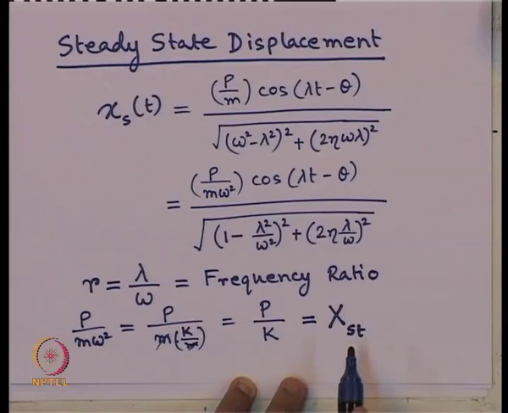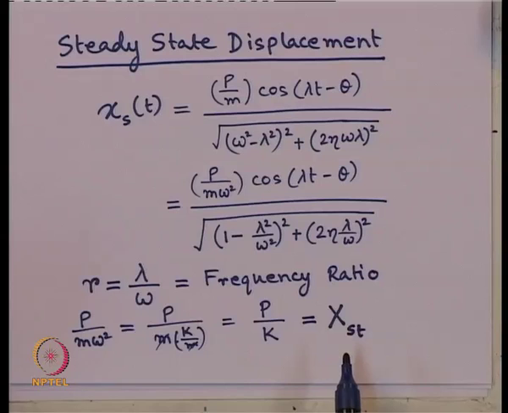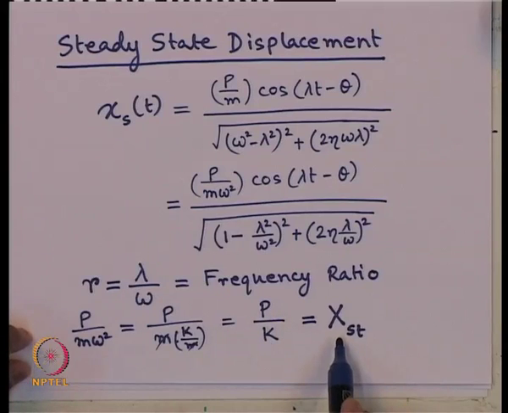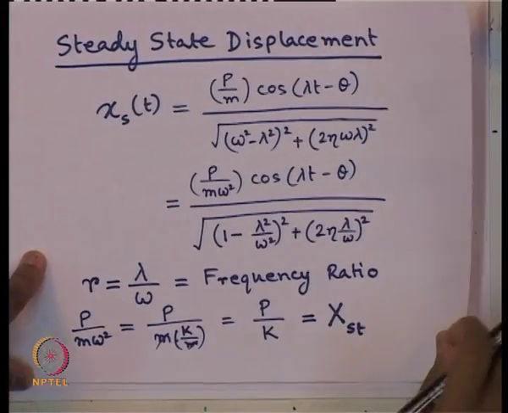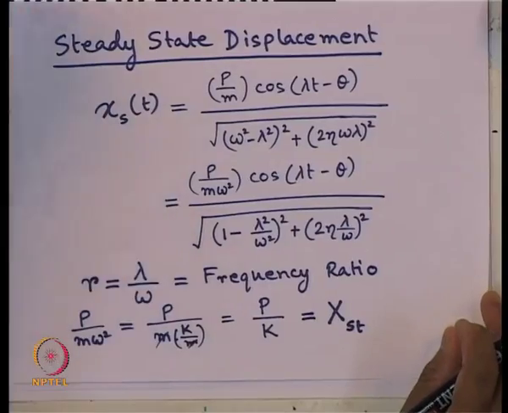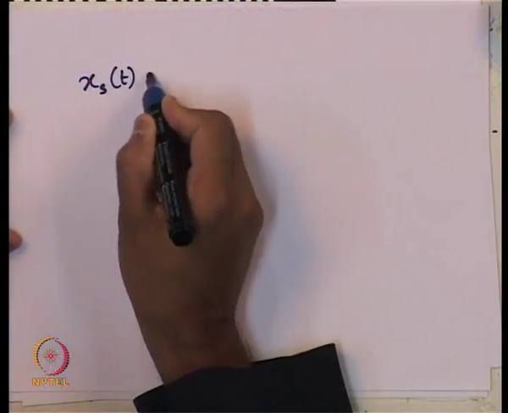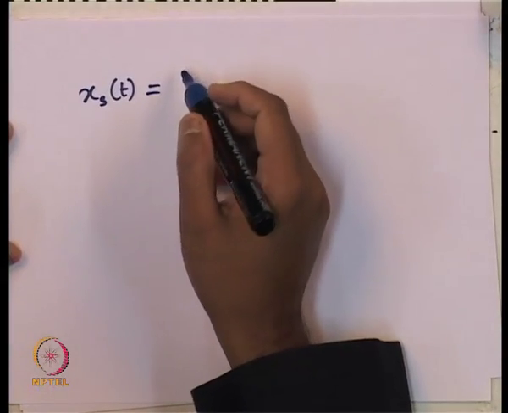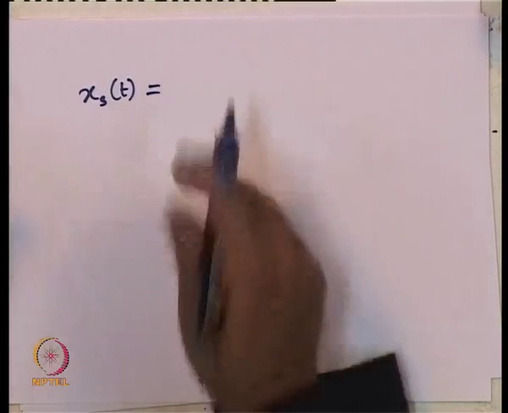What does it mean? Instead of the dynamic load, if I apply a static load on the system with magnitude p, the deflection of the system will be x of st. Okay. So, let us look back again at this expression. So, x st, the steady state displacement, we are writing now this p by m omega square.